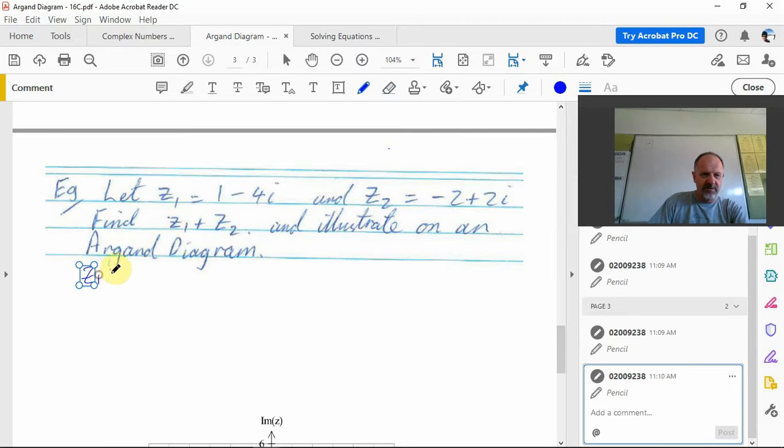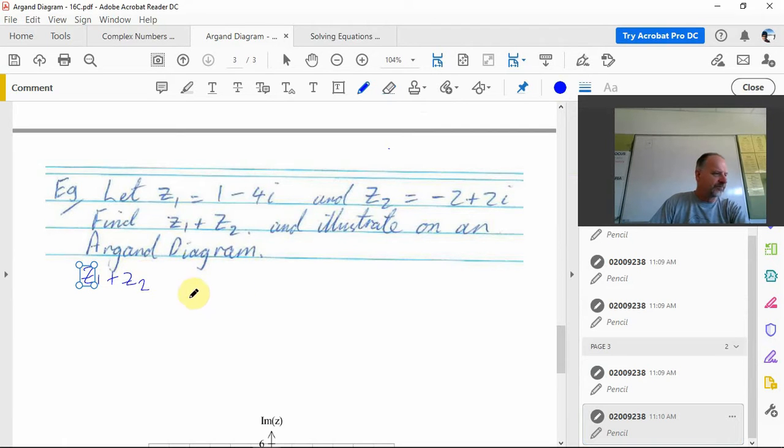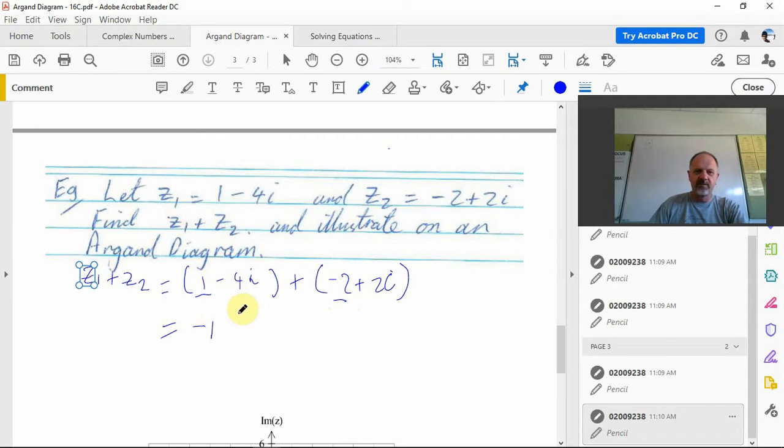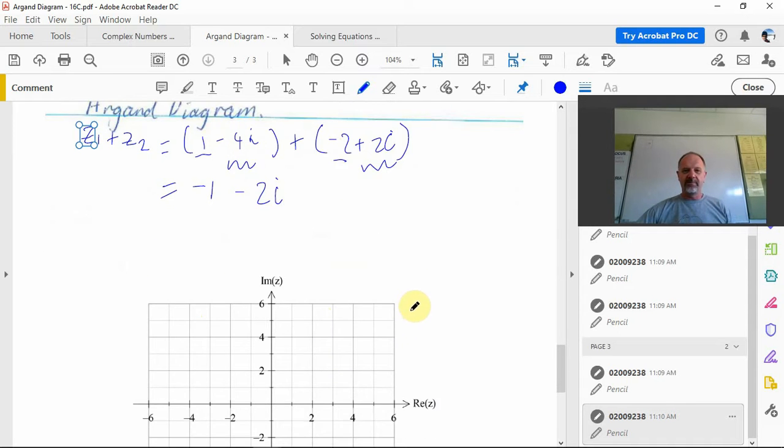So Z1 plus Z2 is 1 minus 4i plus negative 2 plus 2i. Adding our real components, minus 1, adding our imaginary components, minus 2i, I believe. So negative 1 minus 2i.